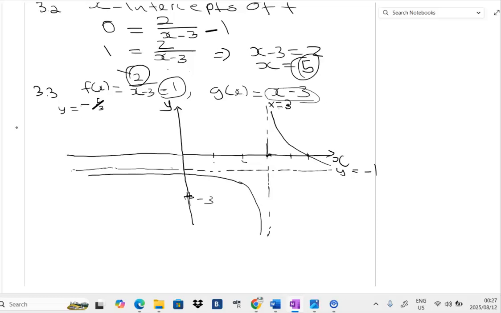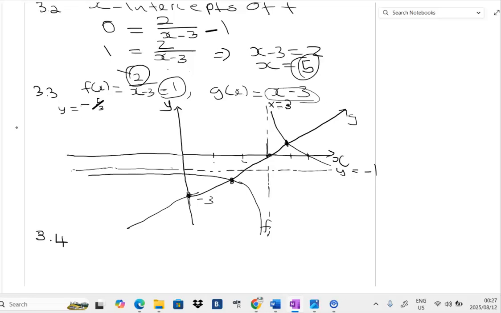It is a straight line. So this is the graph for g, and this is the graph for f. They intersect each other at that point and also at this point. Okay, so I think we're done.